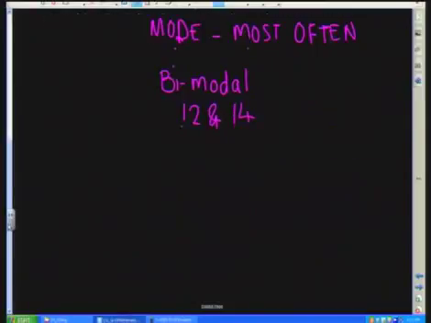Okay, let's look at the mean. Remember, for the mean, you use the symbol x bar to represent your mean, and you find it by adding all of your values together and then dividing by the total.